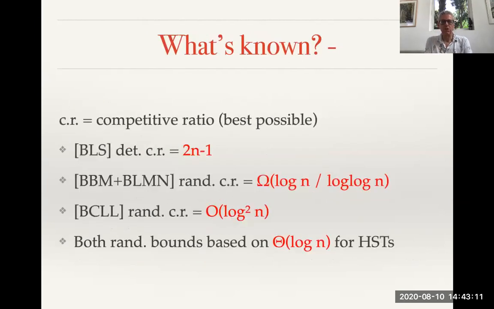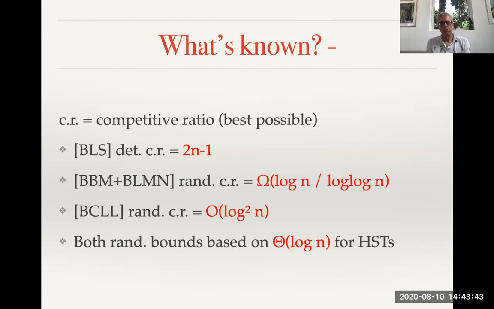As usual, we're interested in the competitive ratio, which is roughly the worst case over all sequences of the ratio between the online algorithm's cost and the optimal cost of serving the entire request sequence, knowing all of it in advance. And more specifically, we'll be interested in the competitive ratio of the best possible algorithm in particular settings.